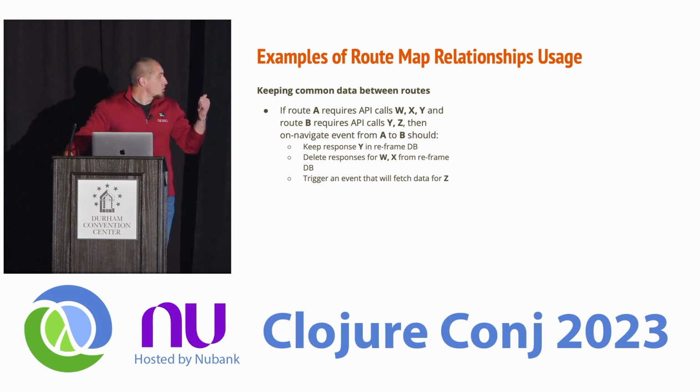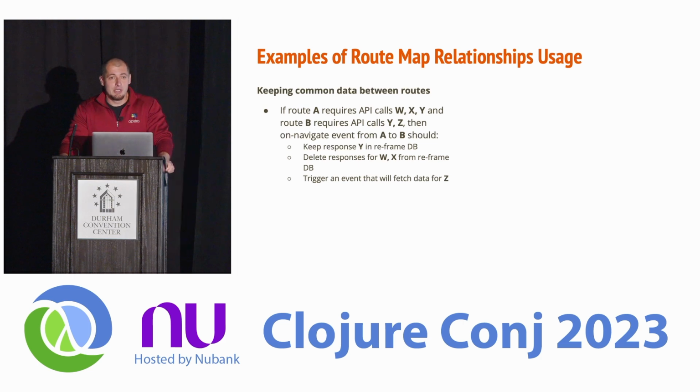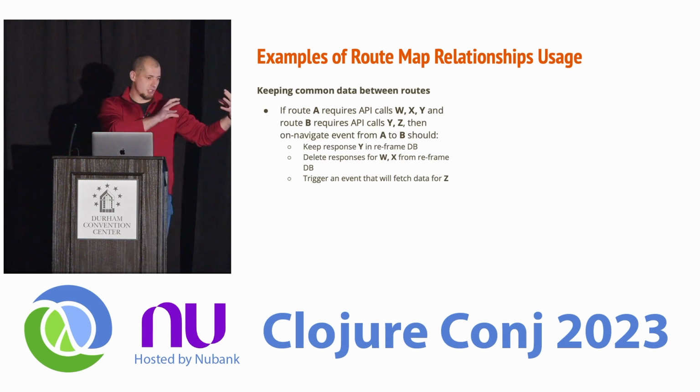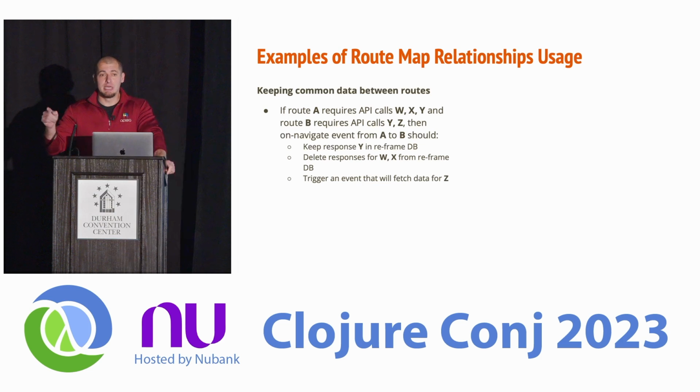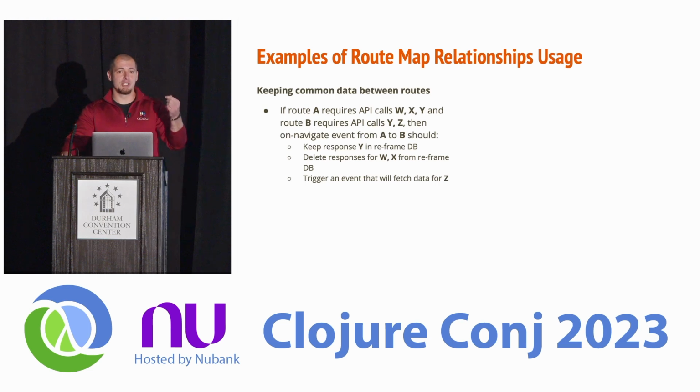If you have this definition provided on the route map, you can basically traverse your route map during the on-navigation event and compute the set of API endpoints that you need on route A, the set of endpoints that you need on route B, and do the set difference. When you do the set difference, whatever is not in the set from the first page will be deleted, and whatever is not there will be fetched additionally. So this is how you optimize unnecessary data fetching when you jump between the routes.